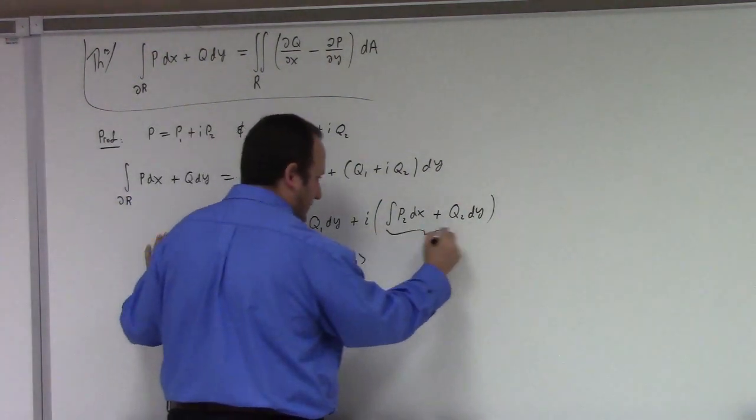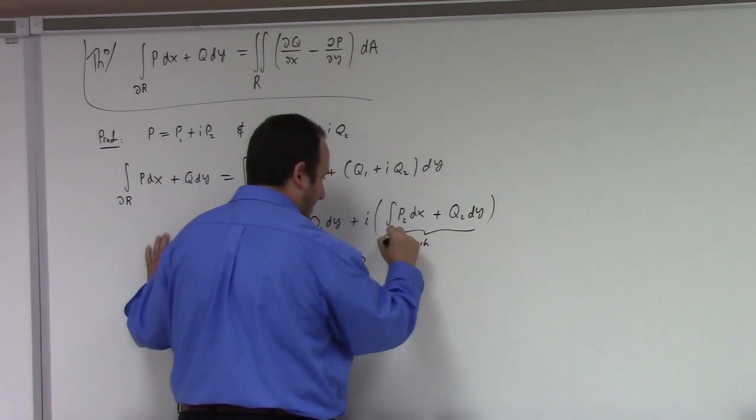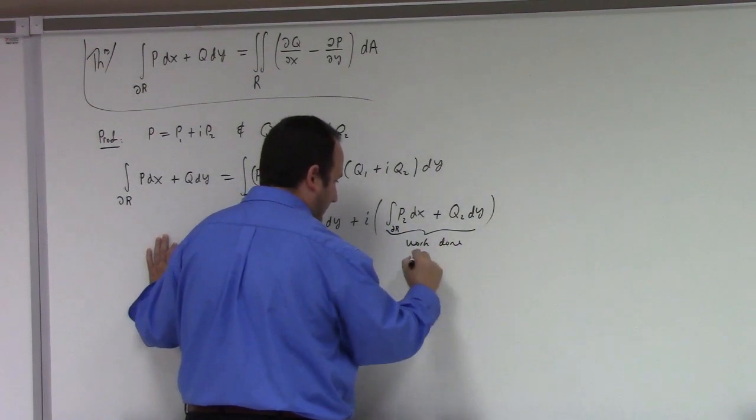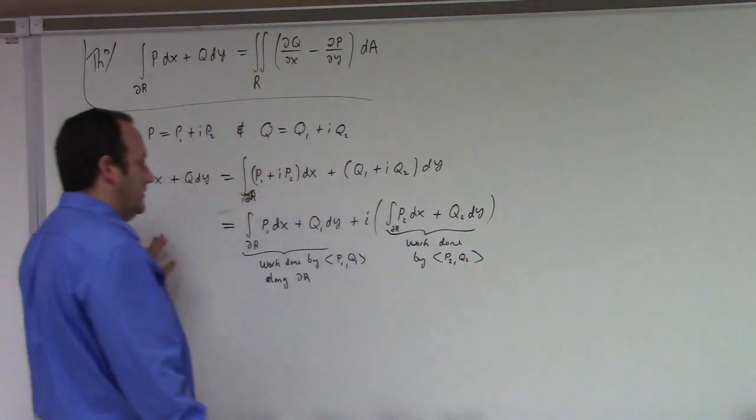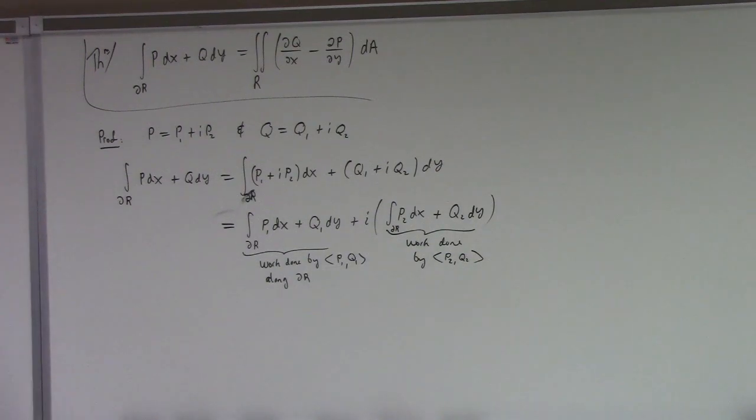And likewise, this would be the work done by P2, Q2 along the boundary of R. So this one complex line integral is saying something about two ordinary line integrals. A single complex vector field has two real vector fields hiding inside it, the real part and the imaginary part.